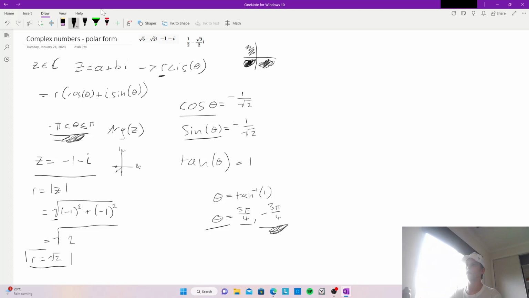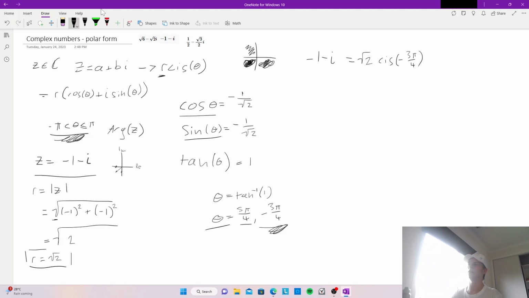So we got -1 minus i is just equal to square root 2 cis -3 pi on 4. And I haven't checked the answer, but from this process and me just being confident with my math ability, I'd assure you that that's the answer there.